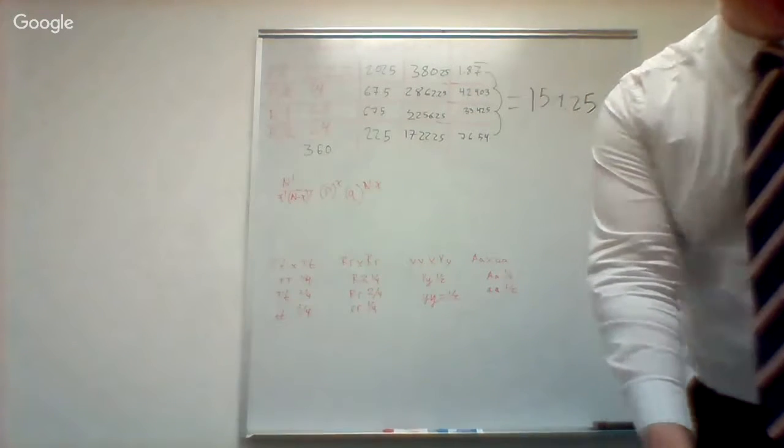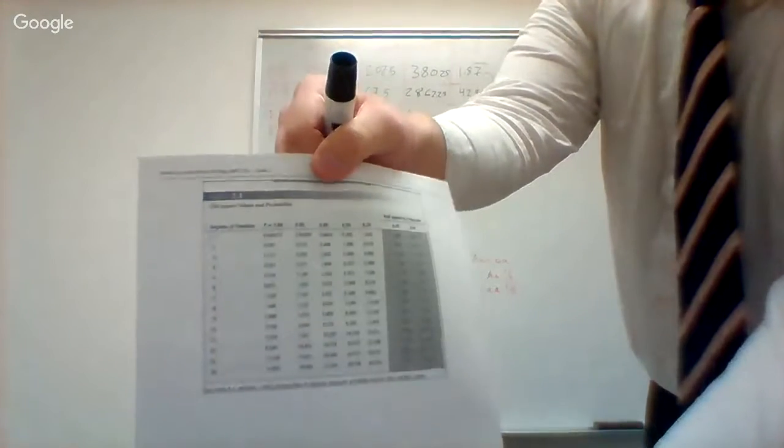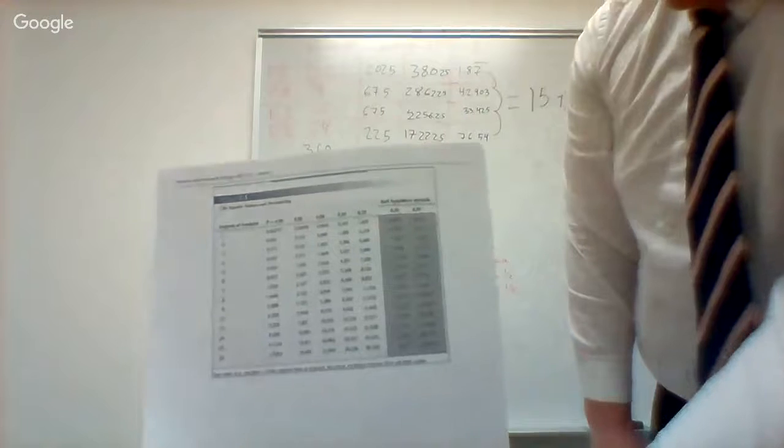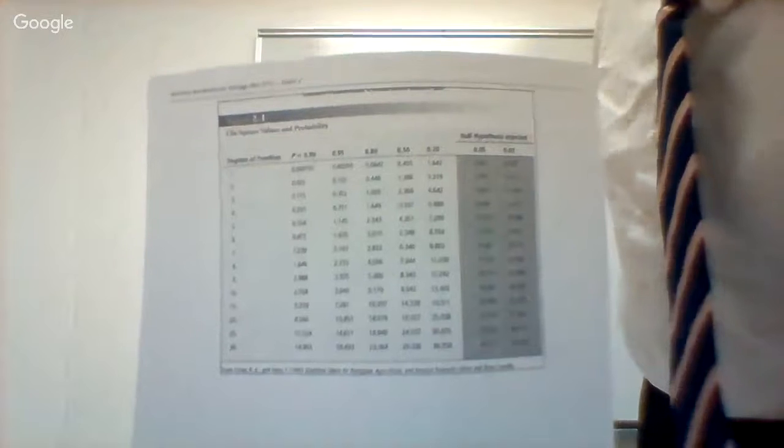Then you use this table here. You're going to find the degrees of freedom, which for us is going to be 3 because we had 4 different kinds of observed and expected values, and we just subtract 1.